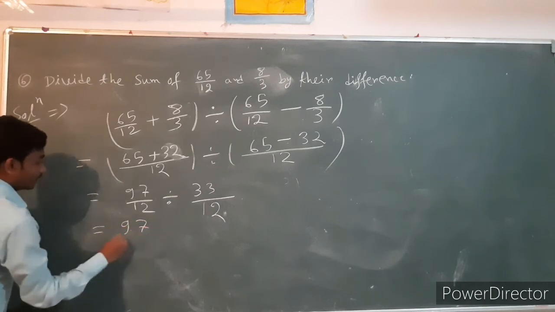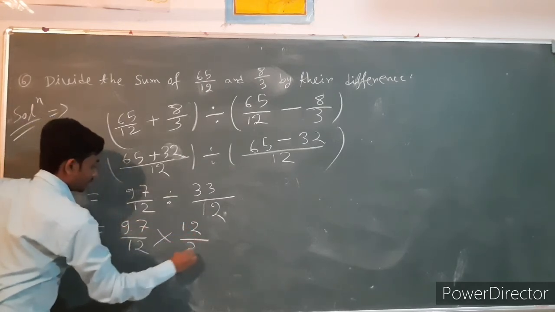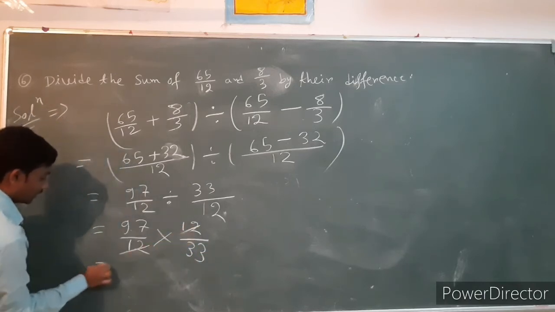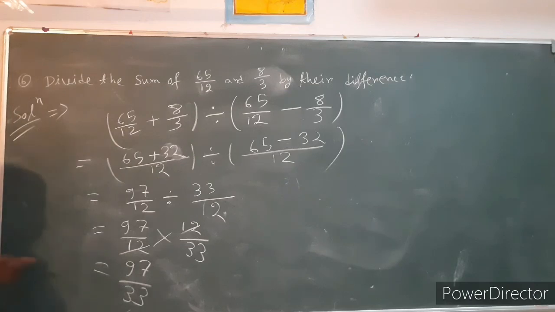So 97 upon 12 multiplied by 12 upon 33. We cancel 12, 97 upon 33. This is the result.